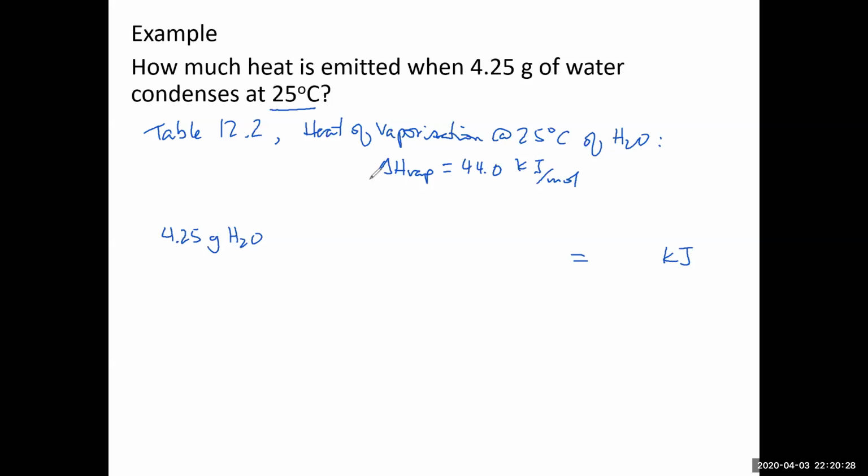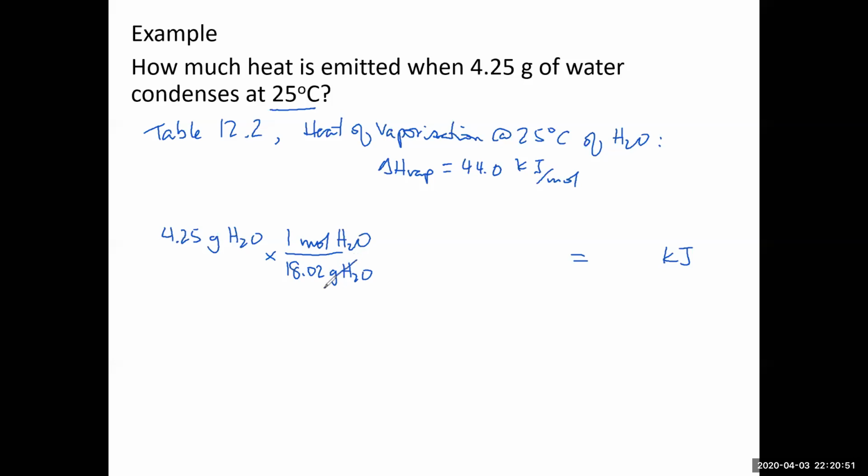So looking at this heat of vaporization, the units for that is kilojoules per mole. That means that we need to convert the grams into moles first. So using the molar mass of water, we have 18.02 grams of H2O for every 1 mole of H2O.